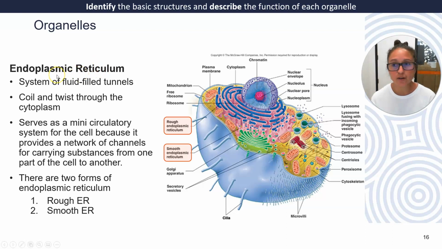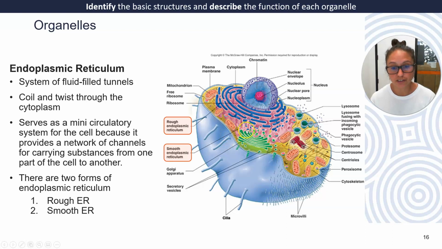Here we go. So endoplasmic reticulum. Can you see? This is, look at that. See that? Pink and blue stuff? That is called the endoplasmic reticulum. Okay? Now, this particular structure, there's a rough version and a smooth version. The rough version means that it's got little ribosomes stuck to it.